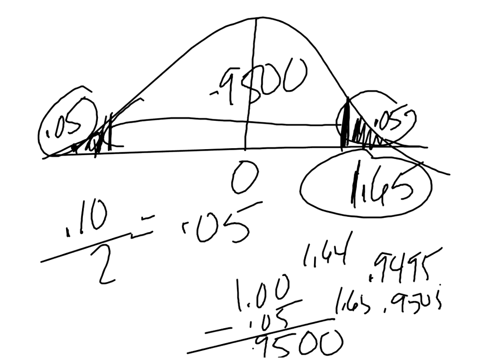So the z-value that has 5% of the area to the right of it, even though my graph may not look that good, is 1.65. And remember, we wanted 5% of the graph in each tail, or 10% overall. So if our positive z-value was 1.65, then our negative z-value would be minus 1.65.